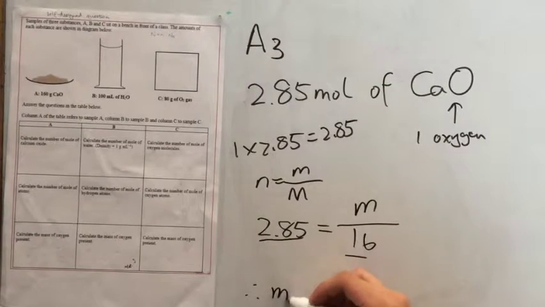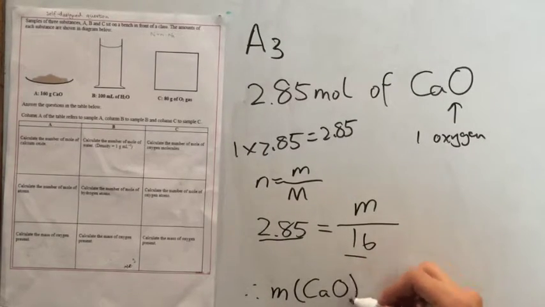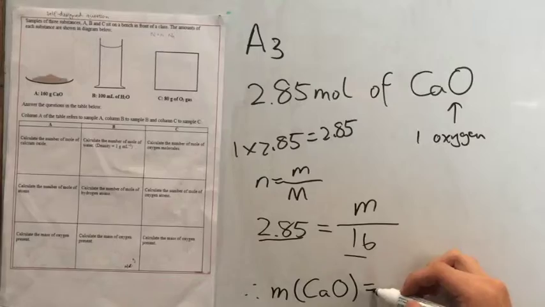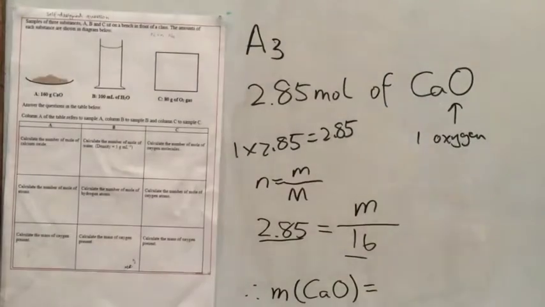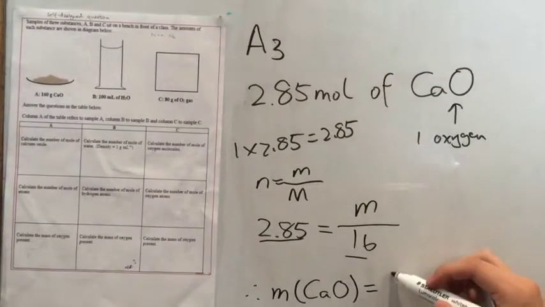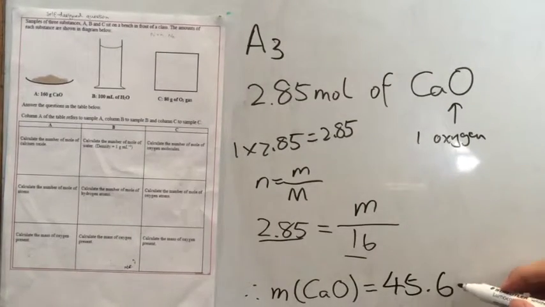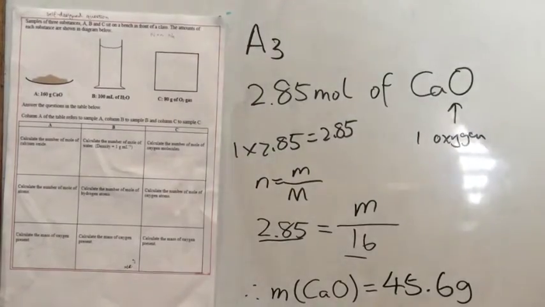Now, if we sub this into the mole formula, which is n is equal to little m over big M, n will be equal to 2.85 and big M will be equal to 16, as that's the molar mass of oxygen. And if you cross multiply that, you will get m is equal to 45.6 grams.